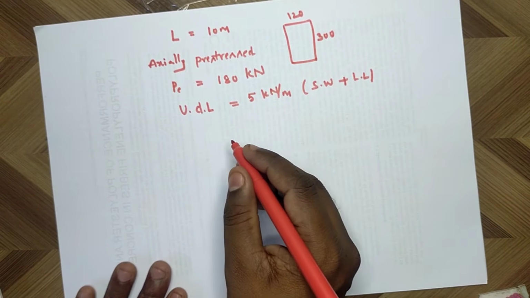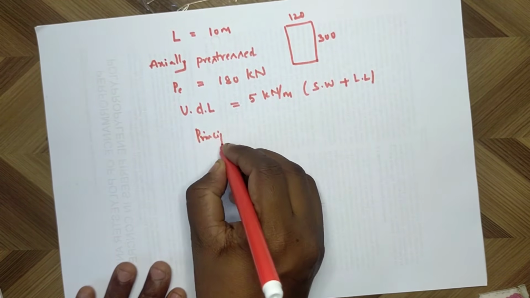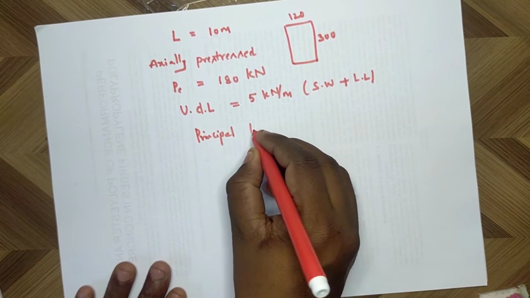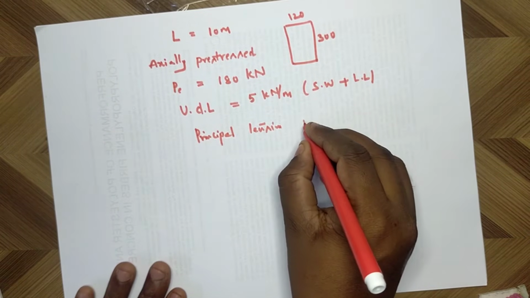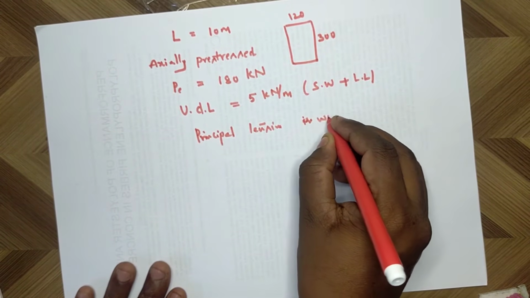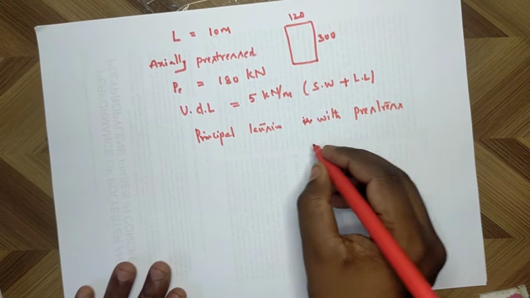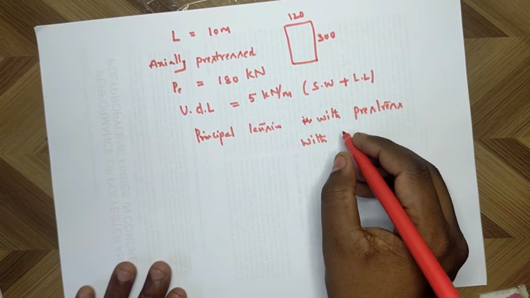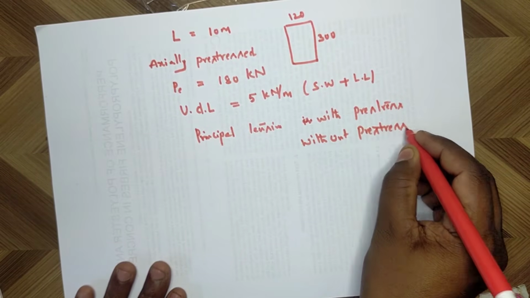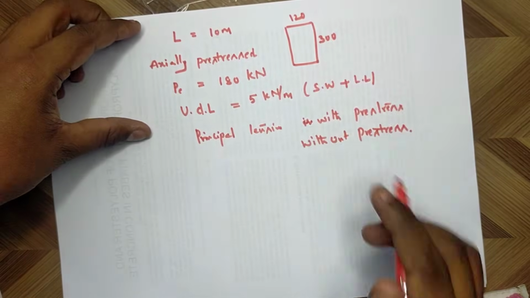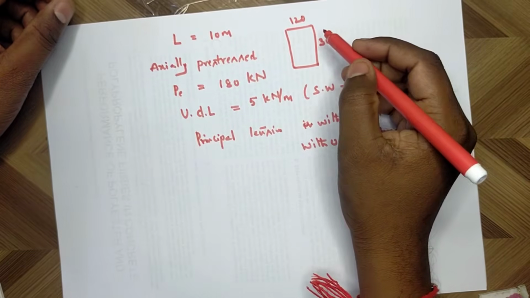The question is to compare the magnitude of principal tension developed in the beam with prestress and without prestress. Please understand the question.